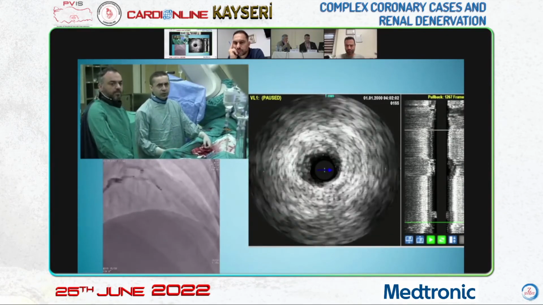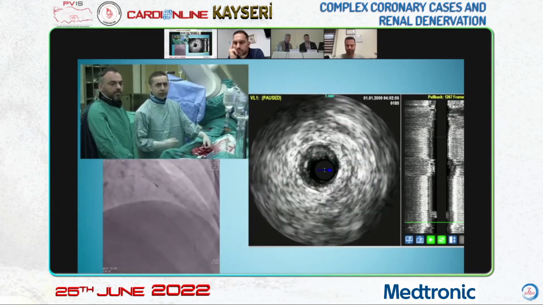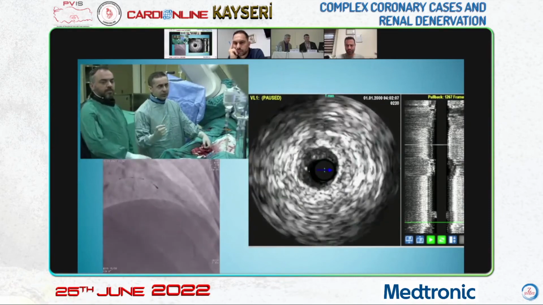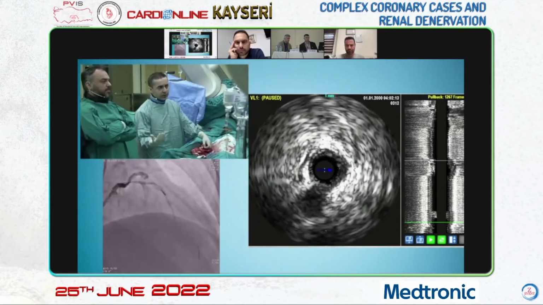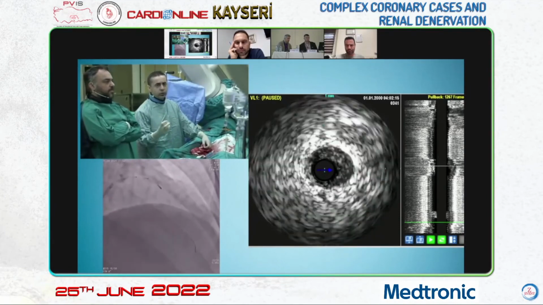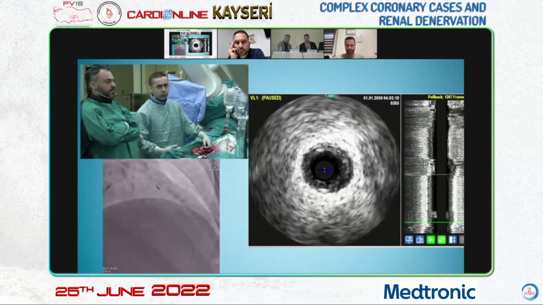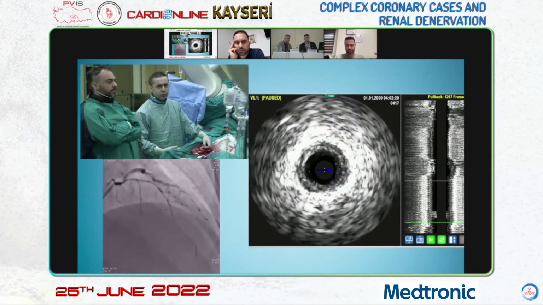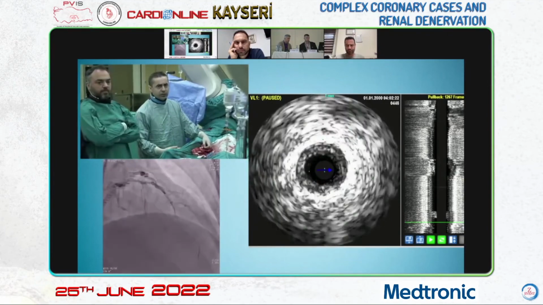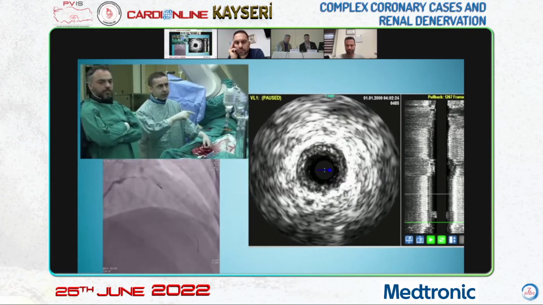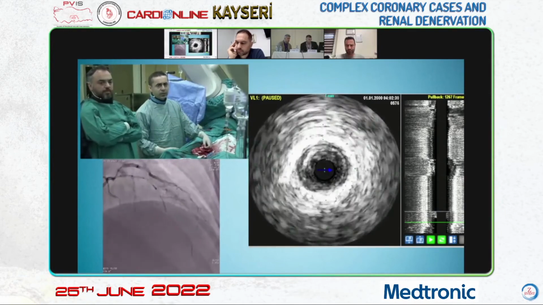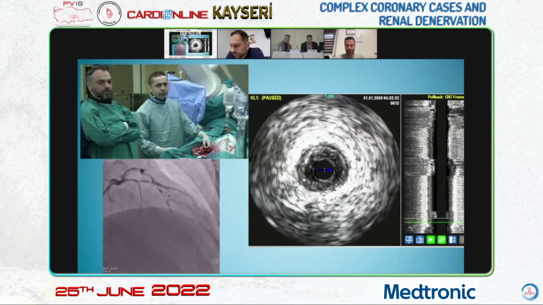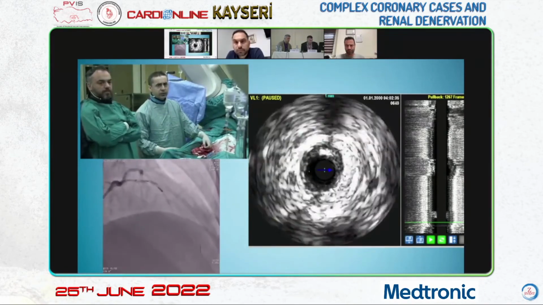The plaque load is 30% or 40%. If the vessel is thin, we can interpret it as a spasm. We have reference segments, so in the IVUS, in 3D, let's go back a bit. Our vessel diameter is 2.75.